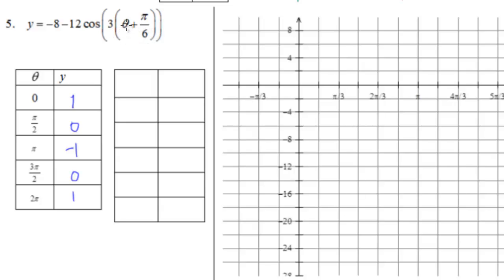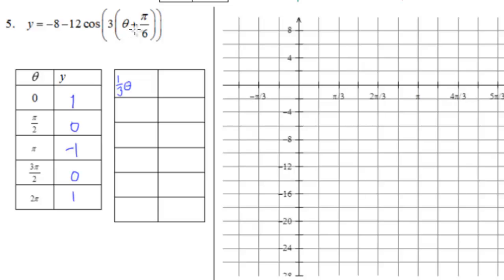So if I put a value in for theta, I would first add pi over 6 and then multiply by 3. So I want to undo what's being done to theta, not only the operation, but also the order. So here I'm going to put my theta in, and I need to undo multiplying by 3, which will be 1/3.